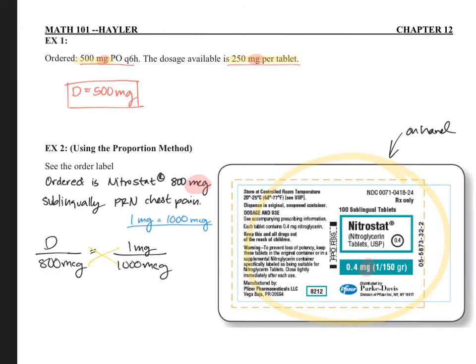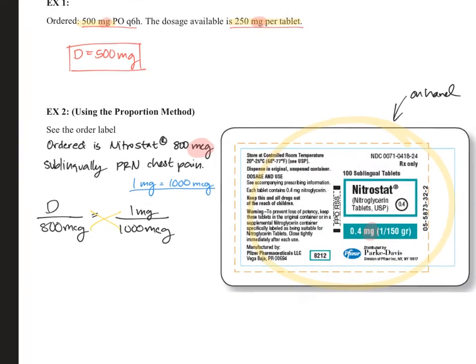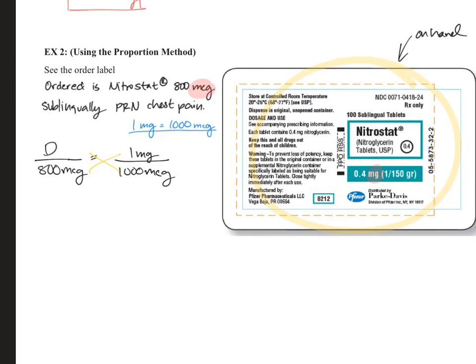You can pause the video and try to solve by yourself and then check back in with me. Alright, then we can cancel out the like units there, and divide by 1,000 on both sides to get D by itself, our desired dose.